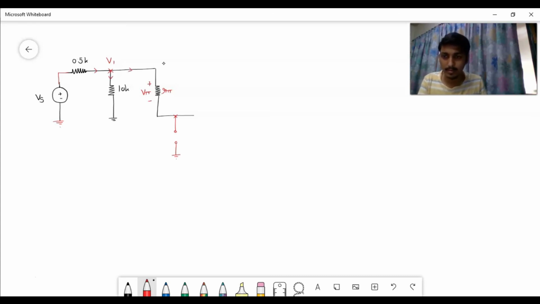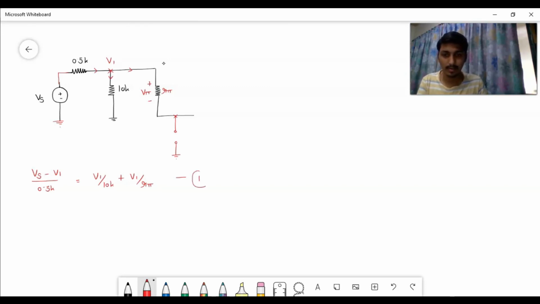Okay, so Vs minus V1 by 0.5k equals the outgoing V1 by 10k plus V1 by r pi.